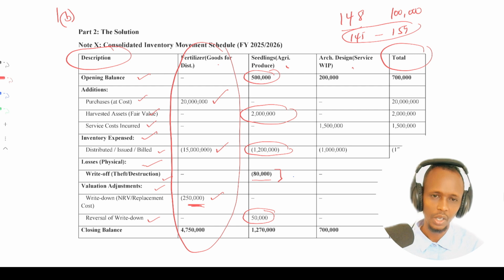So when you are reversing, you increase, you debit your asset inventories and credit the expenses. What if you don't have an expense for that period? Then you deduct from the other expenses like use of goods, where you reduce that expense, because you can't treat it as revenue. You deduct from an expense.